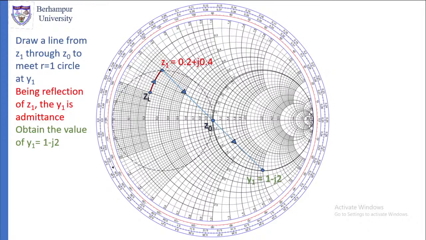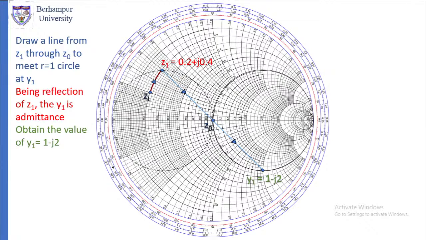Why is it Y1, as we have discussed? This is actually a 180-degree rotation. A 180-degree rotation involves the impedance. Impedance inverted is admittance. Therefore, Z1 will now be transformed to Y1.